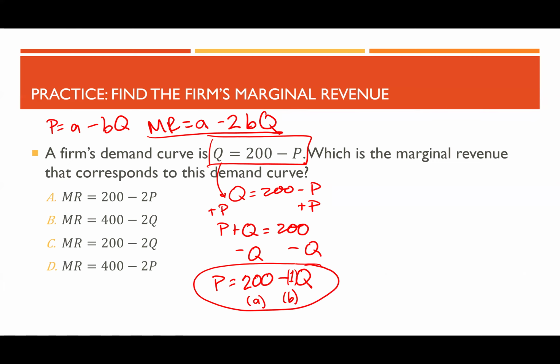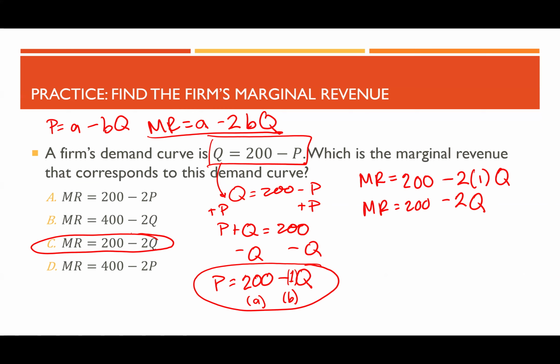Marginal revenue is equal to A, which we found to be 200, minus 2 times B, which is 1, times quantity. So that means our marginal revenue is 200 minus 2 times Q. That's going to be our option C here, and that is correct.